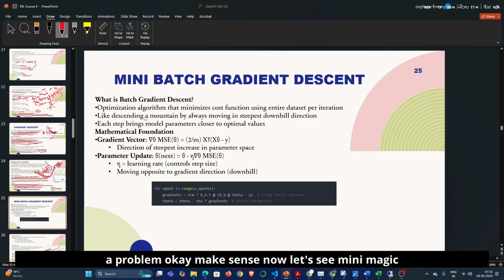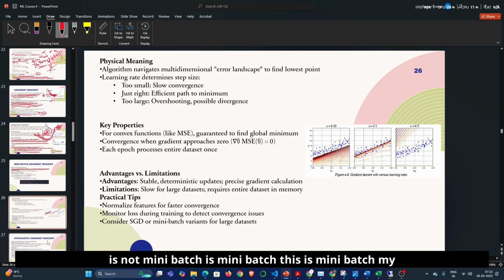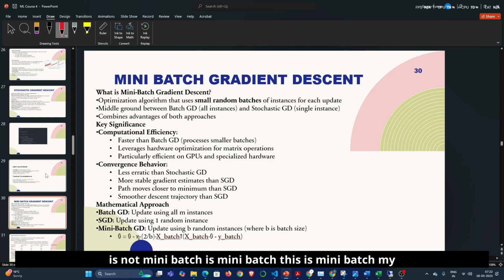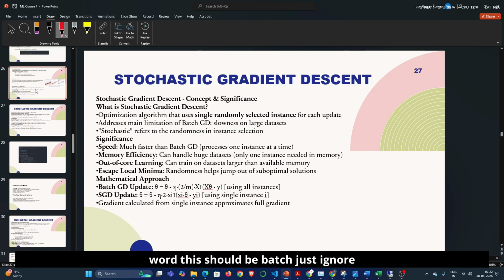Okay, makes sense. Now let's see batch gradient descent, an optimization algorithm that minimizes the cost function using the entire dataset per iteration. Like this is not mini batch. My bad.